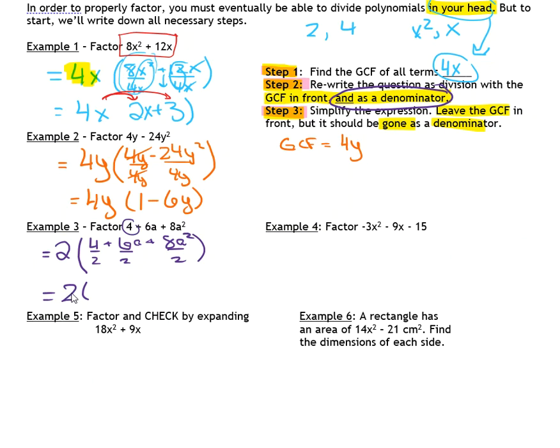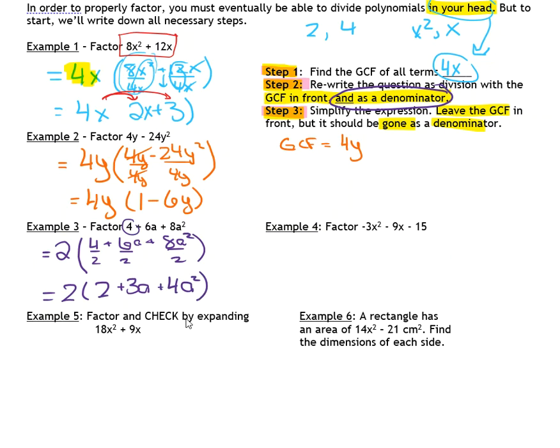If you don't write the 2, then you're showing me that you didn't know there was a common factor. That 2 is the common factor. It has to be there. Okay, 4 divided by 2 is 2. 6 divided by 2 is 3, and that had an a. And 8 divided by 2 is 4, and it had an a squared. So there you go.